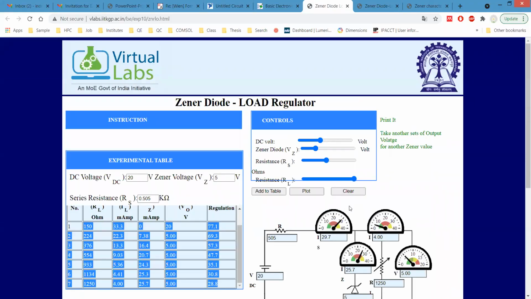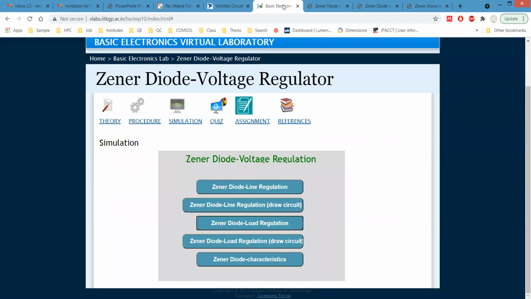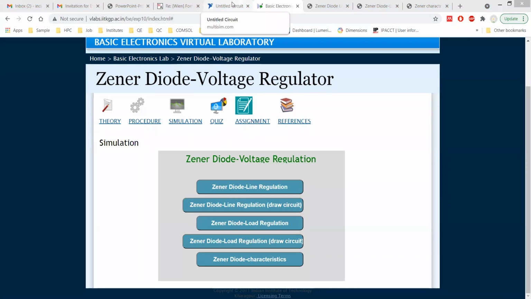Do you have any query regarding this load regulation and line regulation? If you don't have, then we'll go for that circuit one. Do you have any query, or we can move to that circuit drawing part?